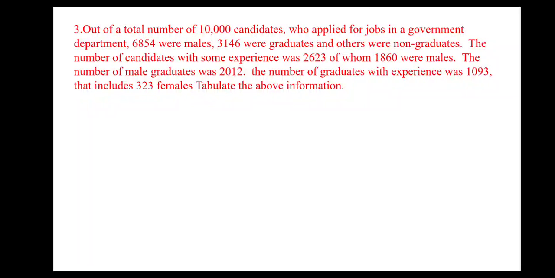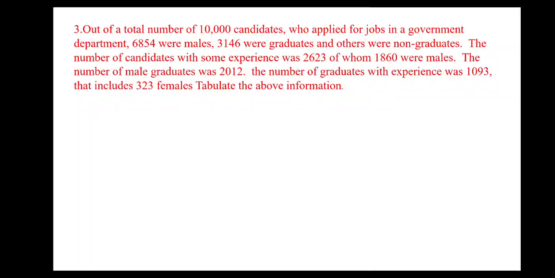In the previous video, I explained two problems on the tabulation method. Now another problem. Out of a total of 10,000 candidates who have applied for jobs in a government department, 6854 were males, 3146 were graduates, and the others were non-graduates.